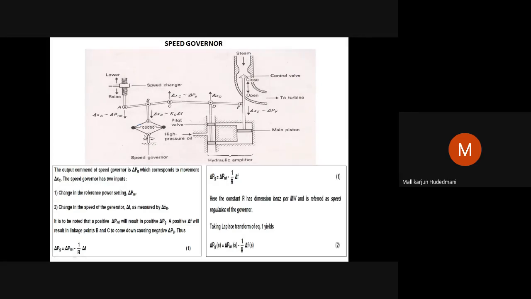Now, this governor is getting a feedback of the RPM, with 4% droop nature. How is that? This governor is going to act on the set point, which is fixed.